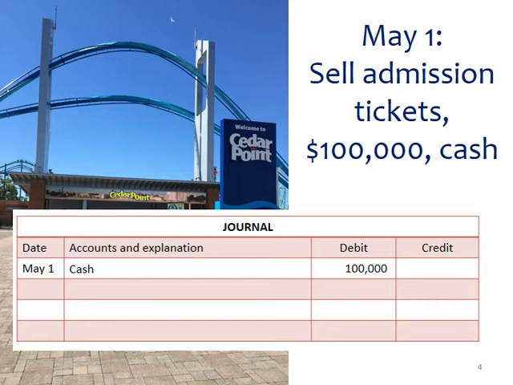The other side of this transaction is a $100,000 credit. Debits have to equal credits. This credit will be to sales revenue because that is why Cedar Point is receiving the cash. The final step on this journal entry is to put the memo line, which is to record sales revenue from admissions.